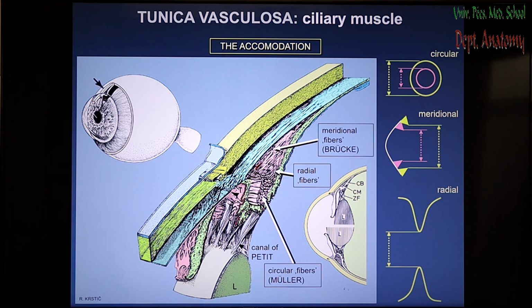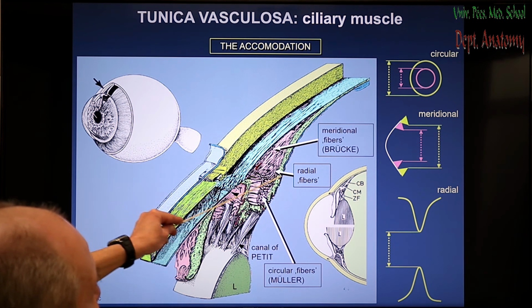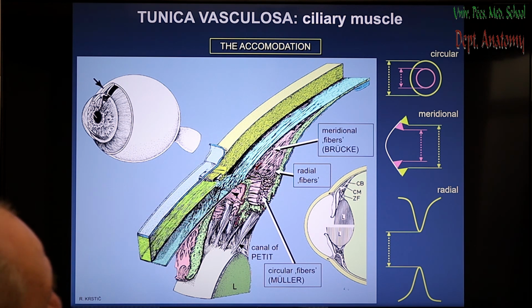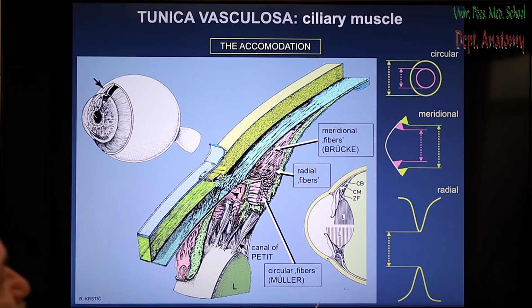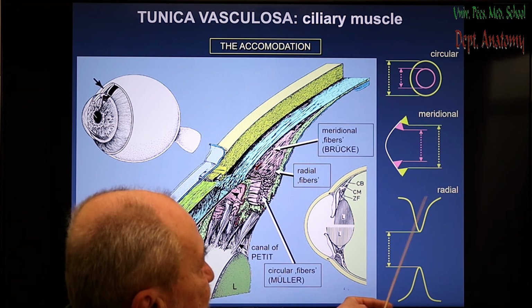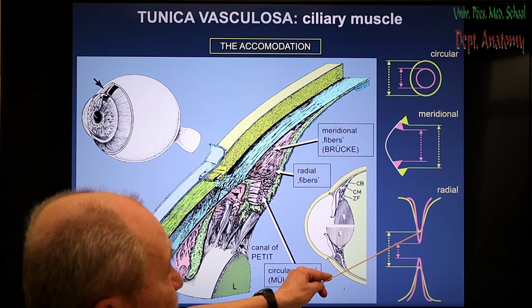The third, I think not so easy to understand, is the radial fibers. The radial fibers should be considered as being parallel with the base of the ciliary body. And if you make a triangular structure narrower, then of course the triangular structure necessarily becomes higher.